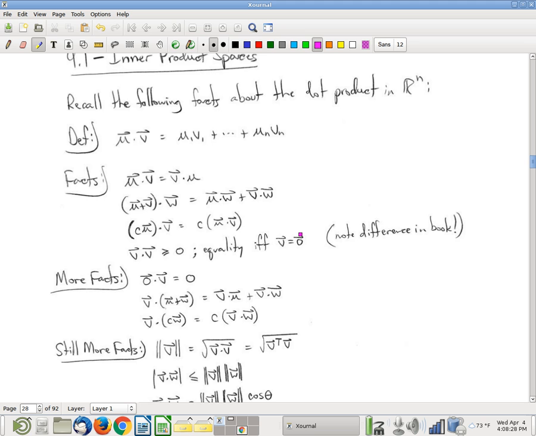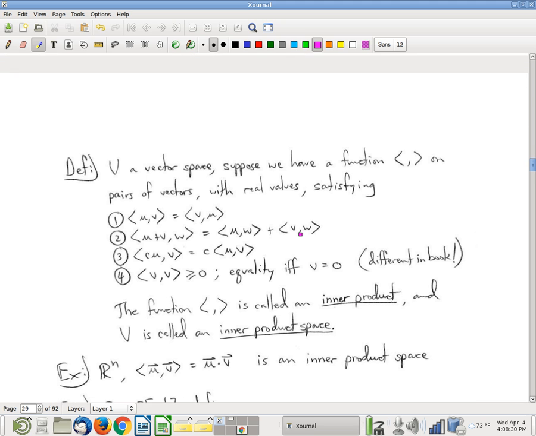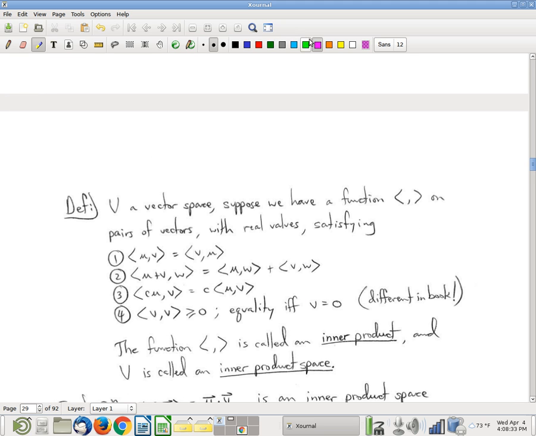So here's the definition. We start with a vector space. So we've got to have addition. We've got to have scalar multiplication. They've got to behave the way they're supposed to behave, all the original 8 properties from Chapter 2.